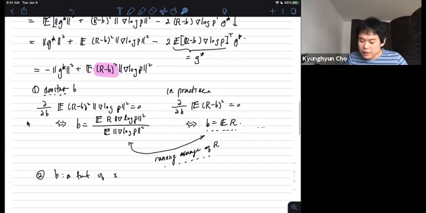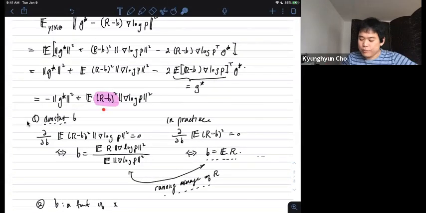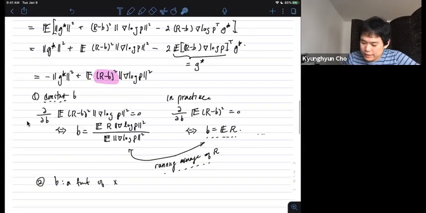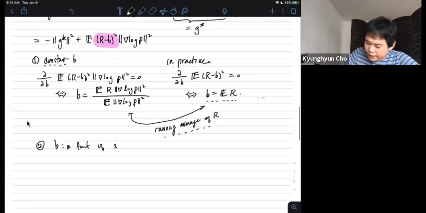And then in that case, what we see is that in order to minimize the second term, we need our b to be highly correlated with r. Does that make sense? So why is that so? Let's try to rewrite this whole thing.